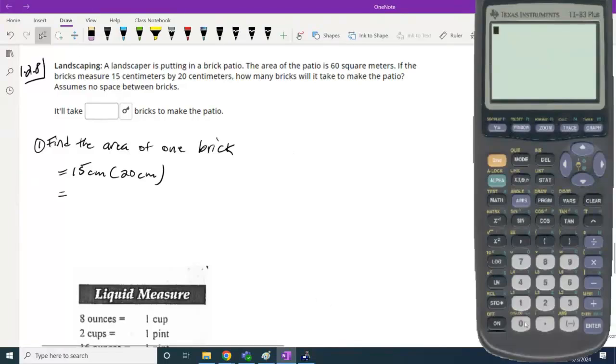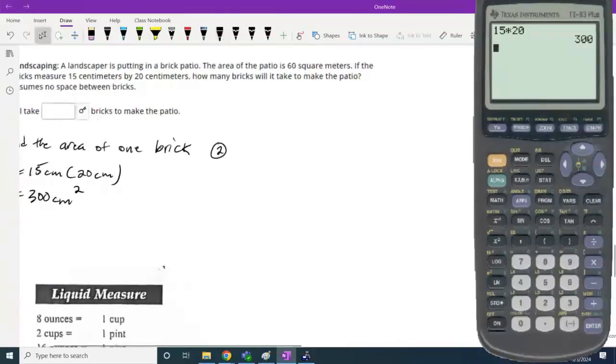So I'm going to multiply those 2 together. So 15 times 20 is going to give us 300. Centimeters times centimeters is what? Square centimeters. Is everybody okay with the first part? I'm finding the area for 1 brick.